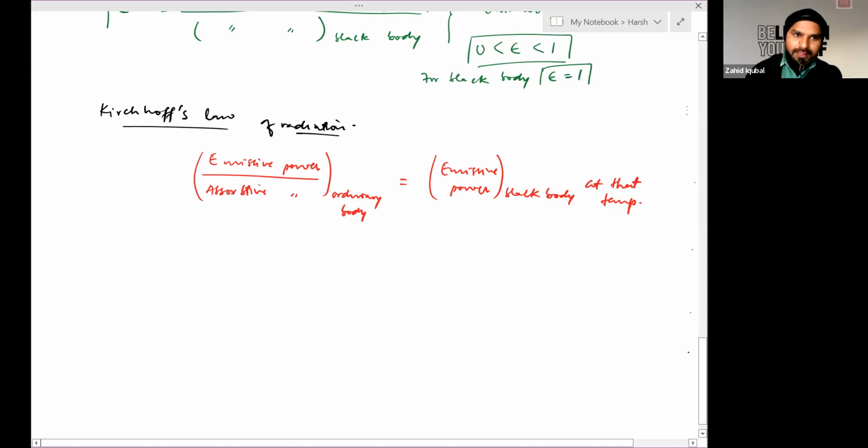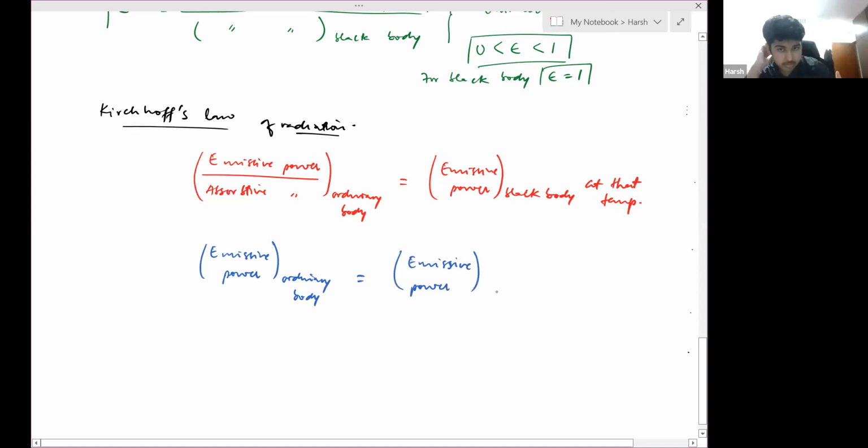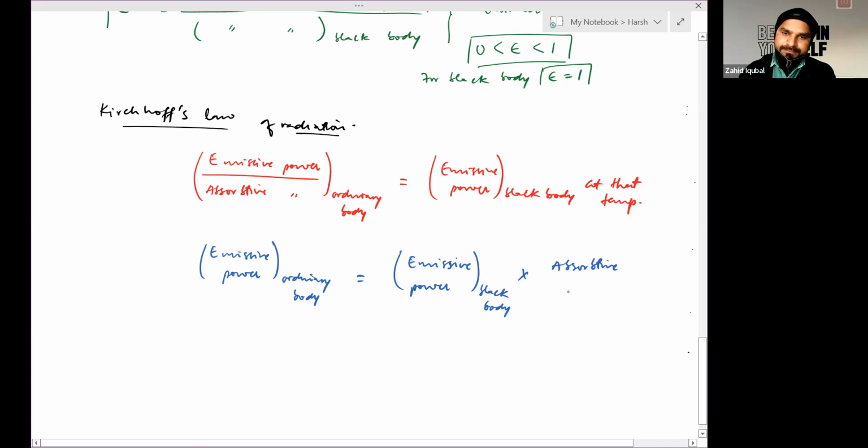So from this we can say emissive power of an ordinary body equals emissive power of a black body multiplied by absorptive power of the ordinary body.